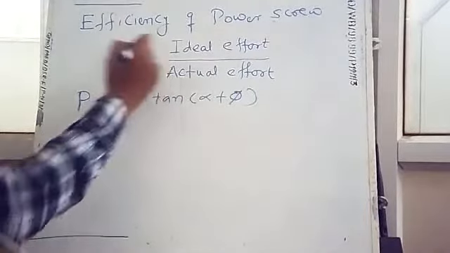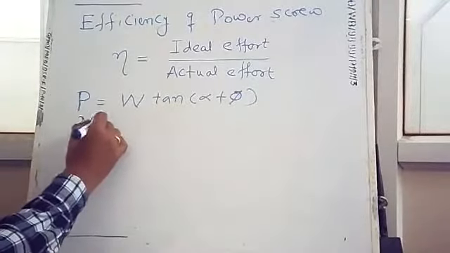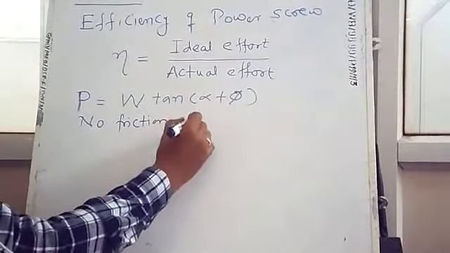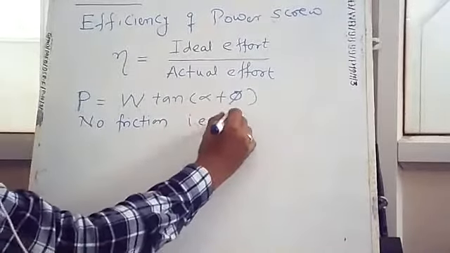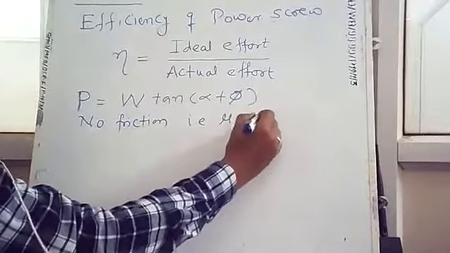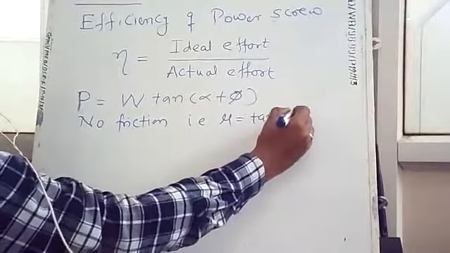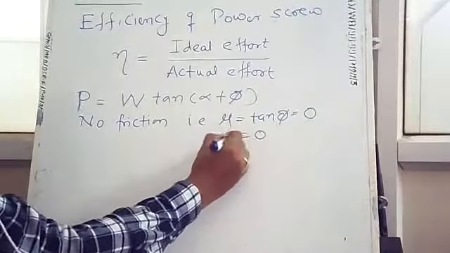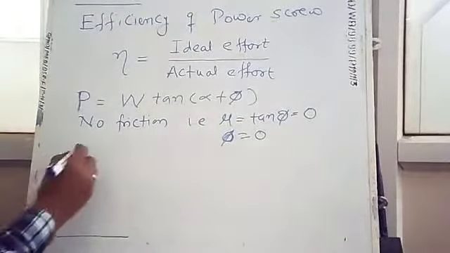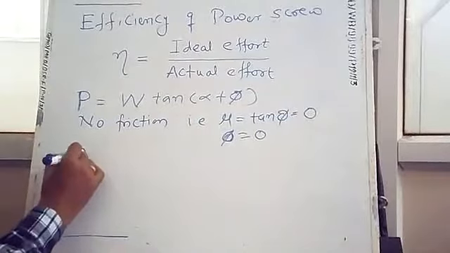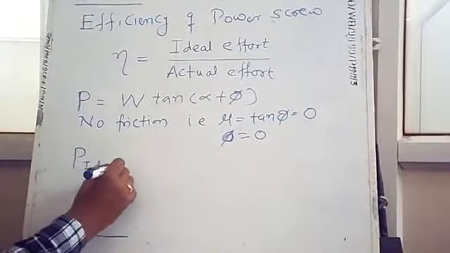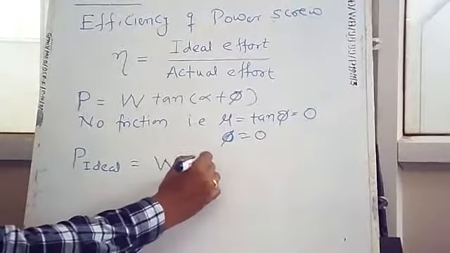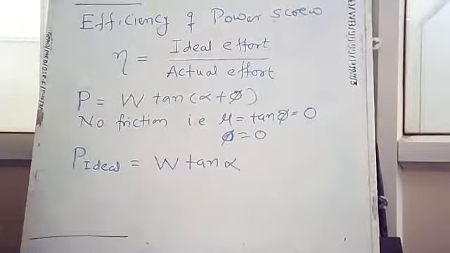Now when we say ideal, it means no friction. If there is no friction, that is mu equal to tan of phi is equal to 0, or phi is equal to 0. So this is the condition that without friction, the ideal effort can be W tan of alpha.